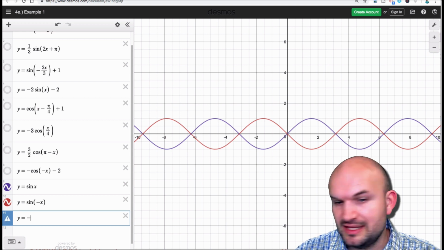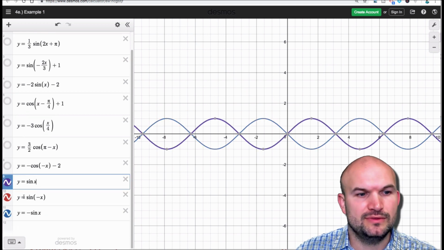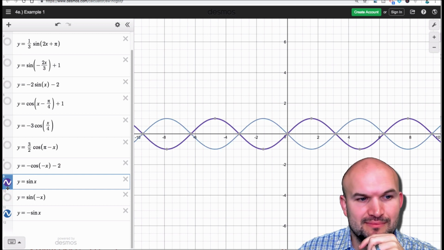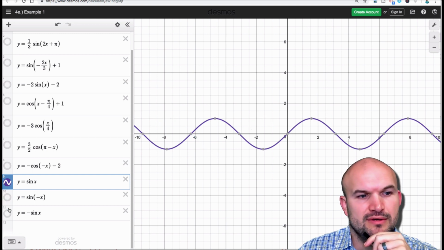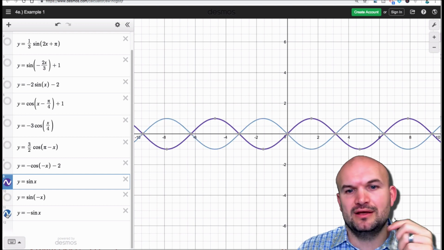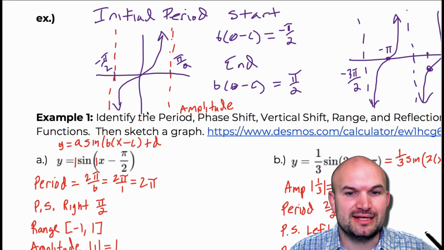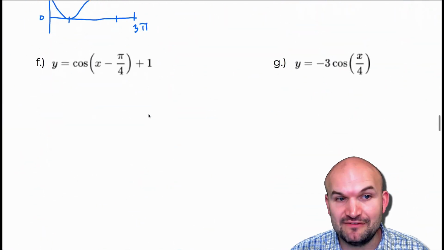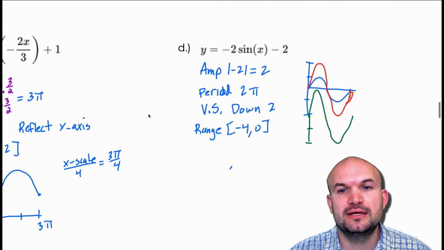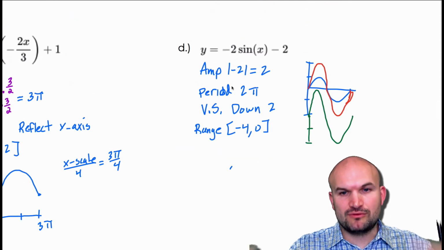If you have a negative on the outside, you can see that these 2 graphs are exactly the same. Here's sine of x with the negative. Here's sine of x with the other negative. So it doesn't matter if you're reflecting about the x or the y-axis. And again, the reason that's important is because this is an odd function. So we just know that with a reflection about the x or the y, the graph is still going to look the same.